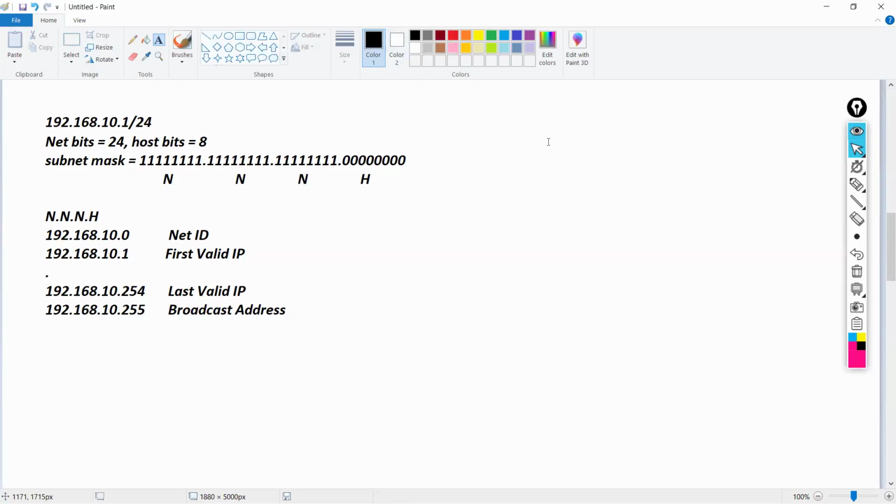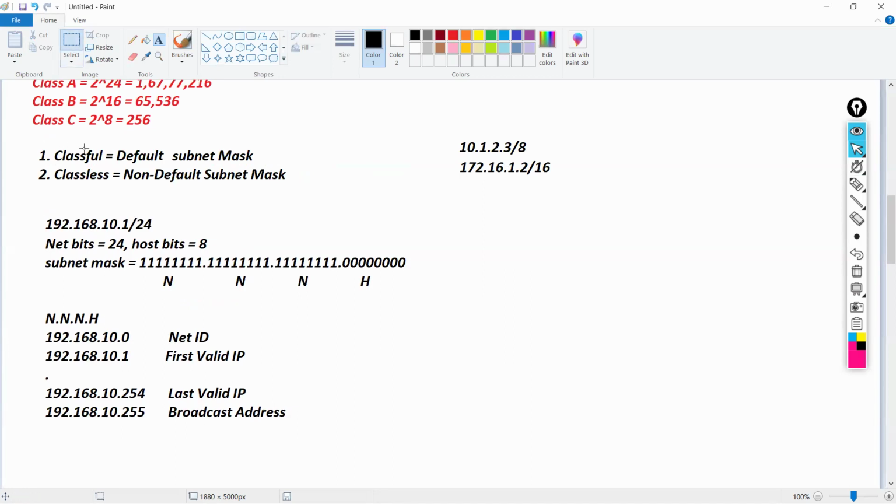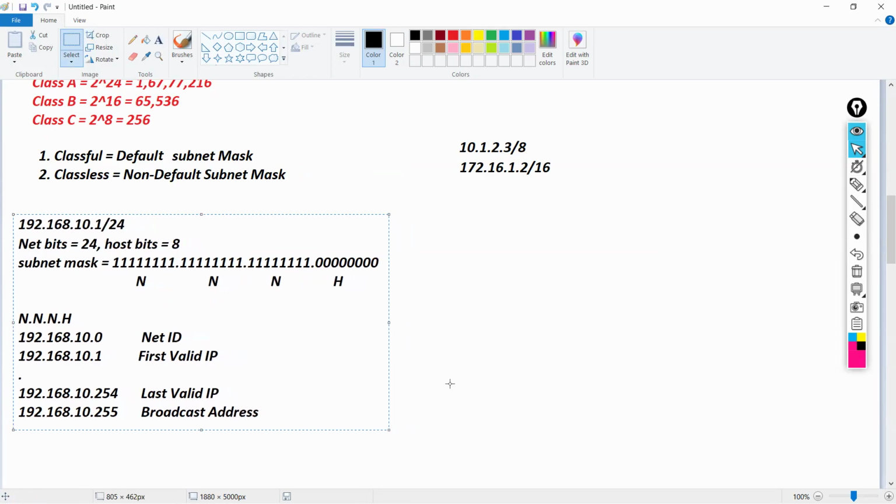Let's say I want to calculate the same thing for class B. This is for class C. Let's do the same thing for class B, although by looking at the CIDR itself you can directly tell. So here, the same kind of calculation you would do.